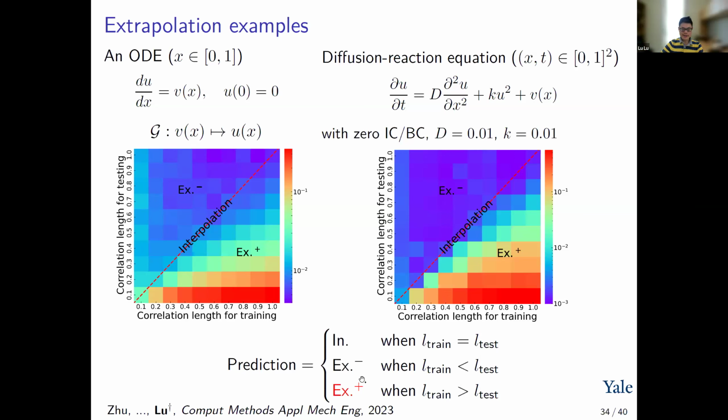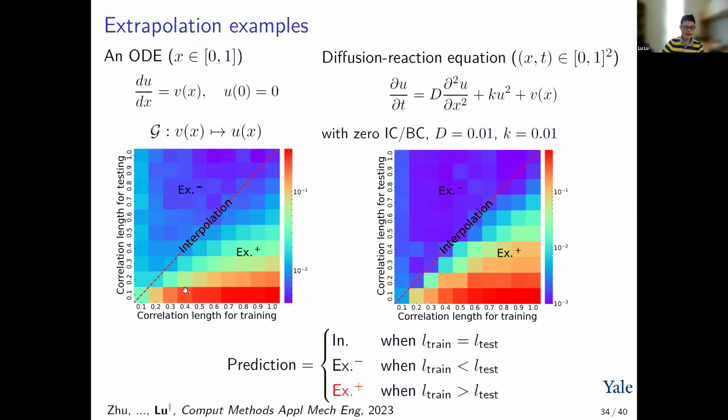So we call this extrapolation minus. But if you look at the lower triangle, the correlation length for training is larger than for testing. Then indeed we have a large error. So we call this extrapolation plus. The same phenomenon can be observed in many different cases, for example, the diffusion reaction equation.